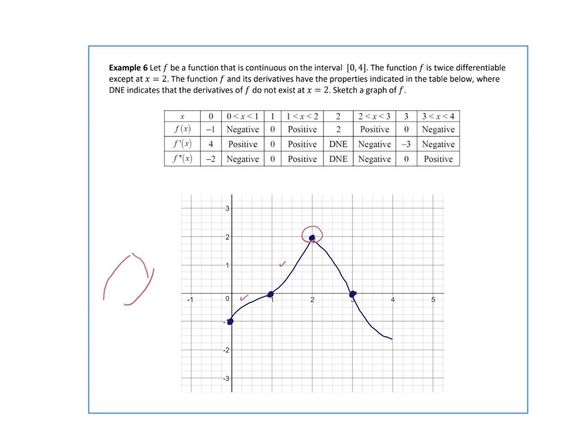I would think a cusp could work because you have this side is concave up and that side is concave down. And then over here, let's see, from 3 to 4, it's negative, so it's still decreasing, but then it's positive concave up. So we want to kind of get that curvature to it.